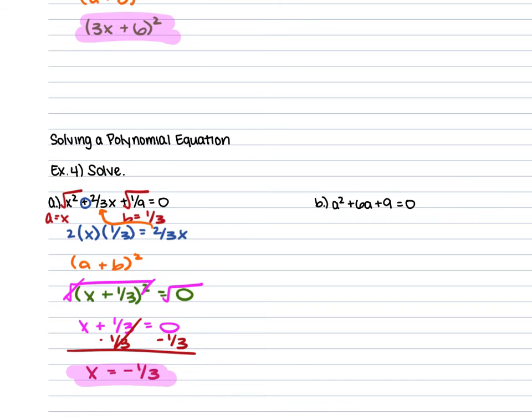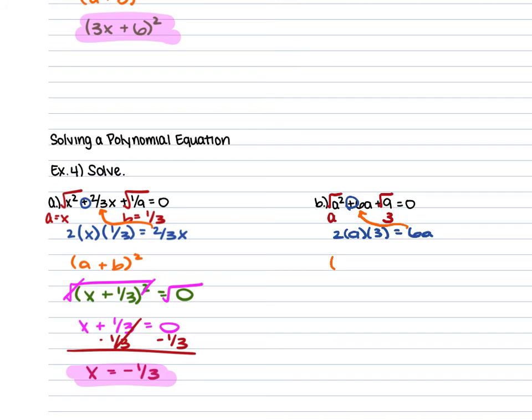For example B, we have a squared plus 6a plus 9 is equal to 0. Again, we can take the square root of a squared, it's a. We can take the square root of the 9, it's 3. 2 times a times 3 is 6a, and it's positive.